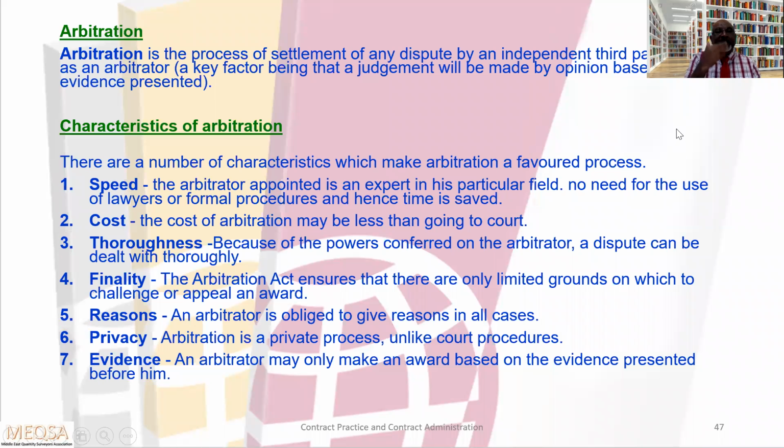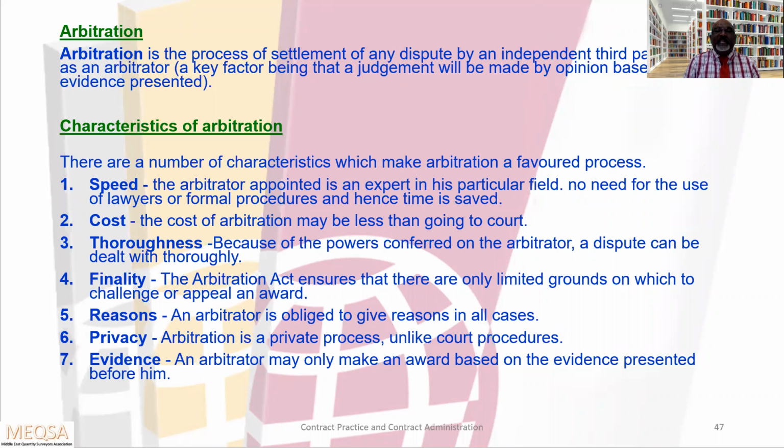Now let us move to the next one, arbitration. Arbitration is a process of settlement of any dispute by an independent third party known as an arbitrator. A key factor being that judgment will be made by opinion based on the evidence presented.